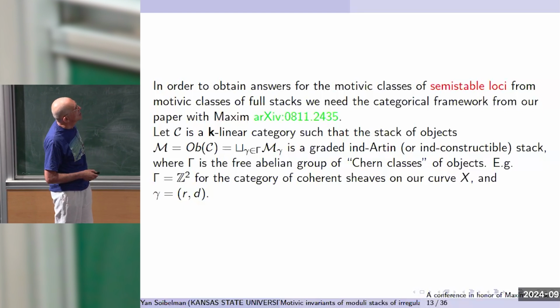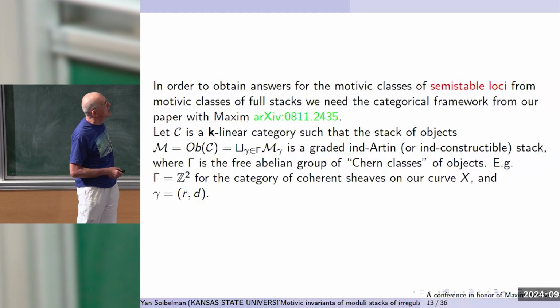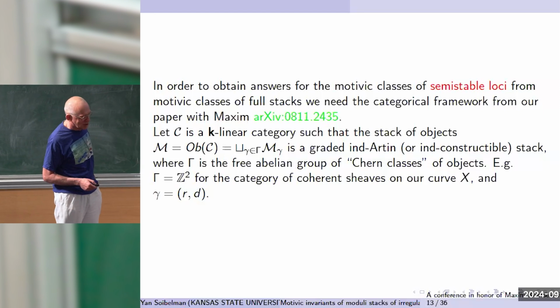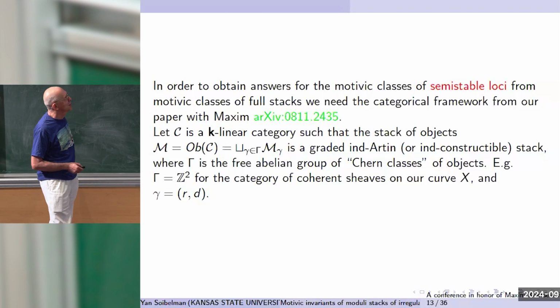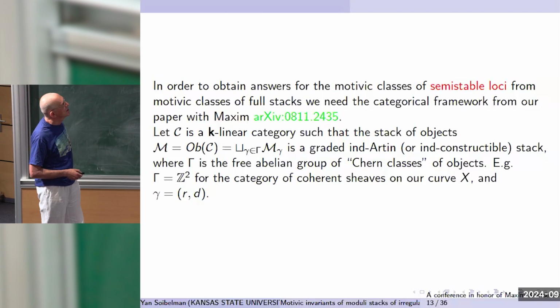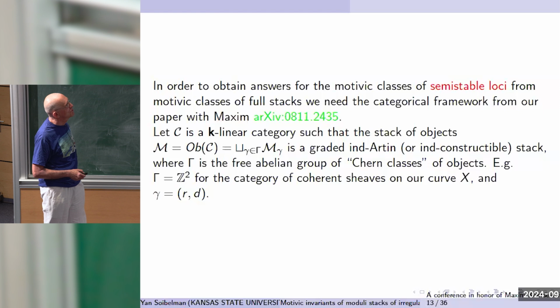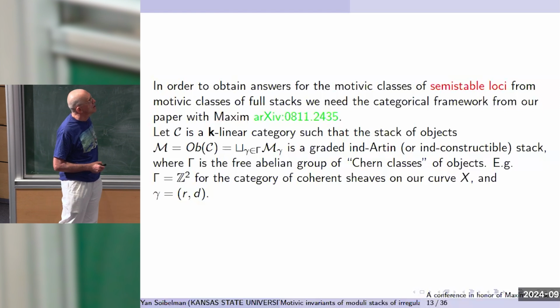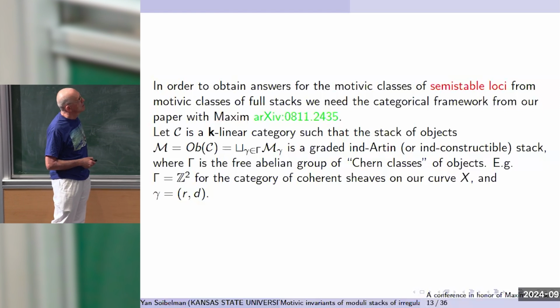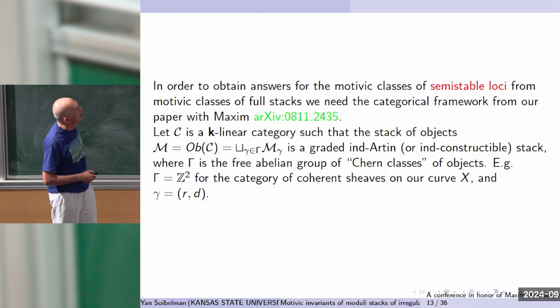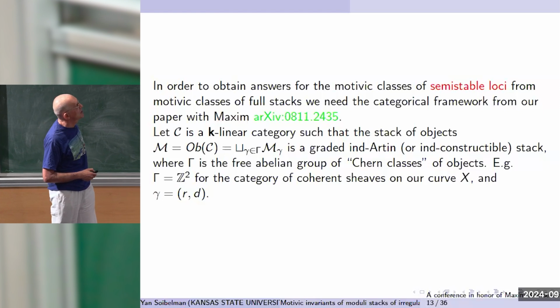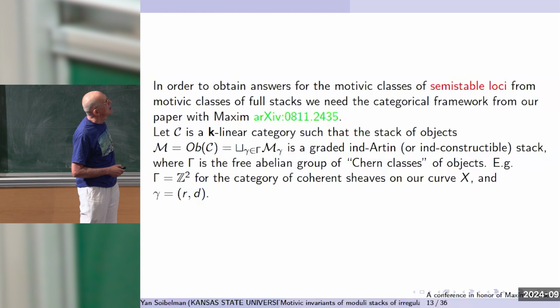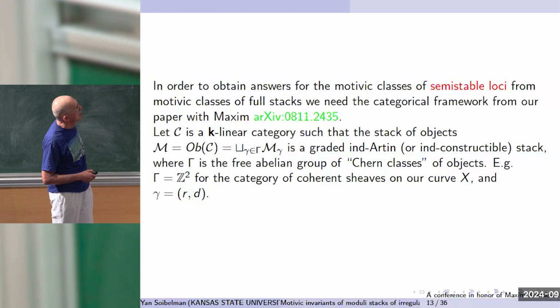All right, so what is the setup? We have a k-linear category with some additional properties, which let me call int artin. In particular, the stack of objects is a union over, let me call this lattice, Gamma, of Chern classes, of Artin stacks.